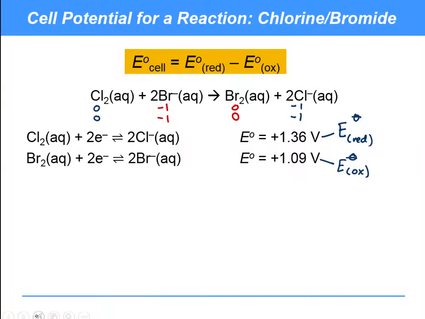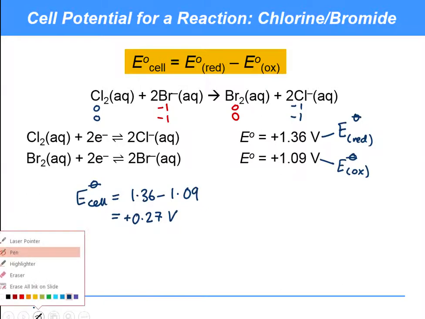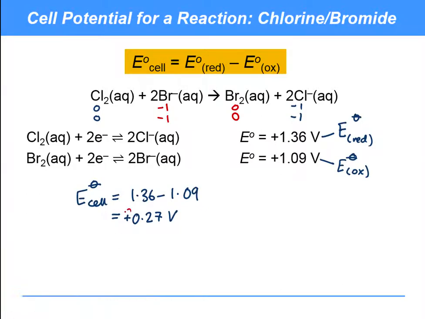So we just follow what the formula says, and we can calculate E standard cell as 1.36 subtract 1.09, and we get from that 0.27 volts, and it's positive. That's really important. So for this feasible reaction we've got a positive cell potential.